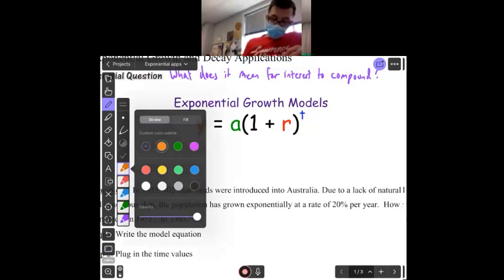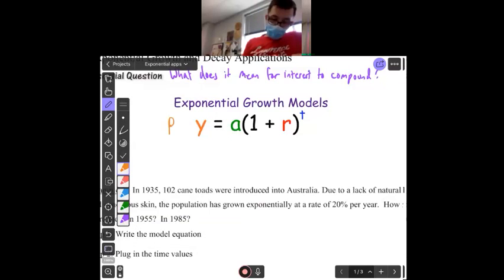So Y, or sometimes it can be P of T. These a lot have to do with population. You might say population as a function of time, P of T, or you can just call it Y. But what that stands for is the population or the amount at a given time.